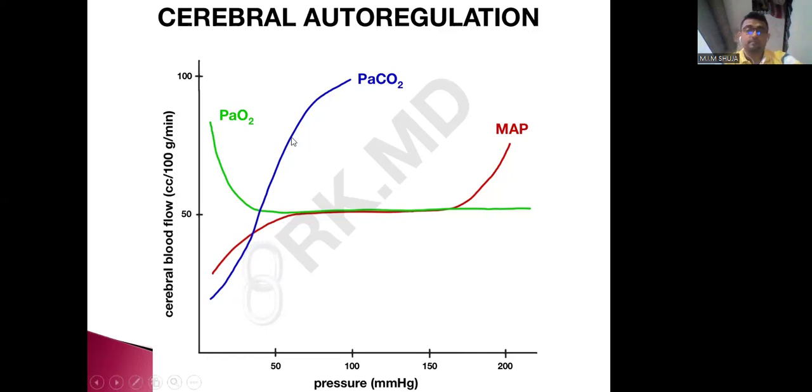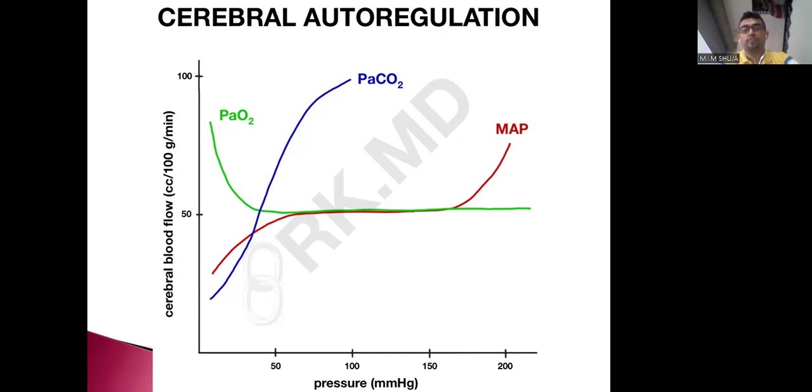With increased partial pressure of carbon dioxide, to wash out the carbon dioxide, the cerebral blood flow is increased, because the major substance of brain energy production is glucose.